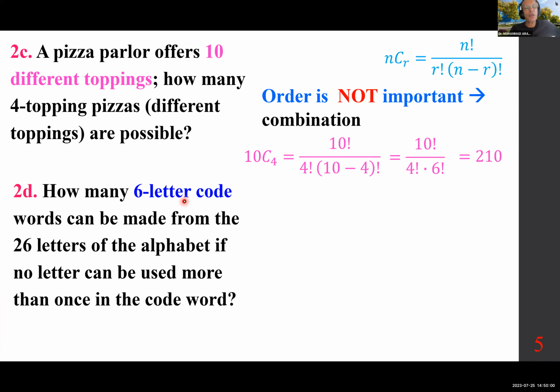How many 6-letter code words can be made from the 26 letters of the alphabet if no letter can be used more than once in the code word? And pay attention to the code, and that means order is important because AB is different than BA, and it becomes a permutation.